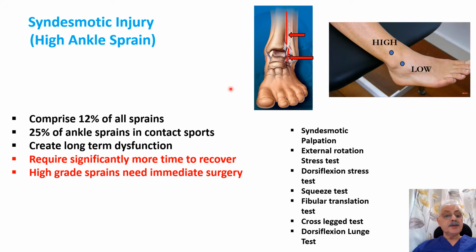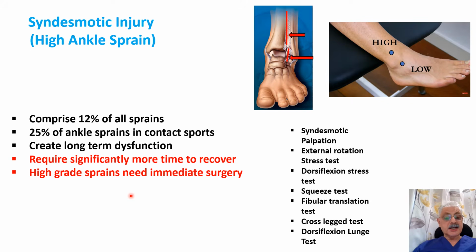It is extremely important to differentiate between the high ankle sprain and the low ankle sprain. The high ankle sprain is an injury to the syndesmotic ligaments, and this injury can create a long term dysfunction and requires a much longer time to recover, and in some cases, it may need immediate surgery.